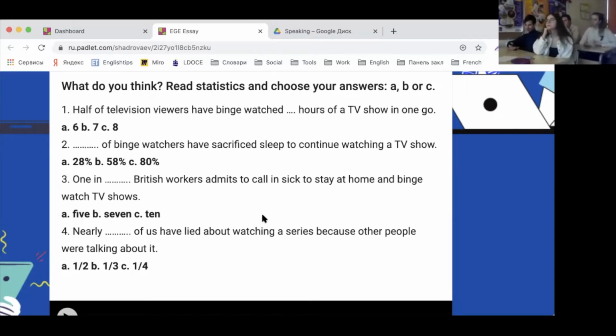About 80. Again, it seems you can't stop watching and you sacrifice your sleep. Probably you also are in these numbers. Okay, 1 in 5, 1 in 7, 1 in 10 British workers admit to calling in sick to stay at home and binge watch.